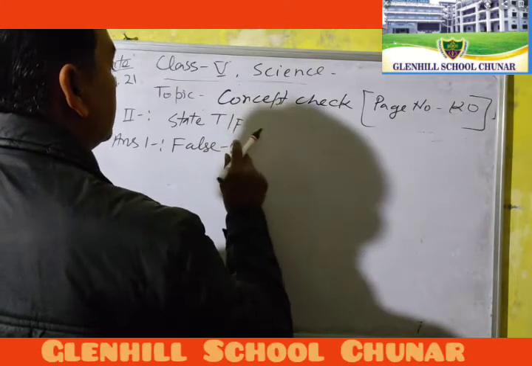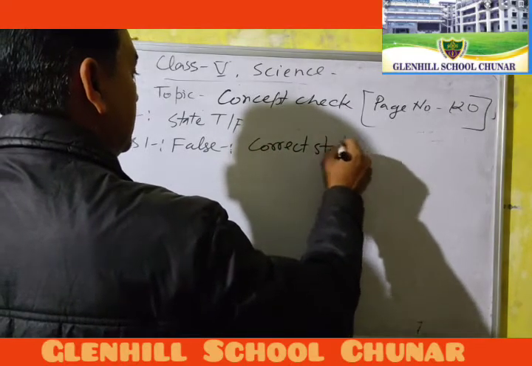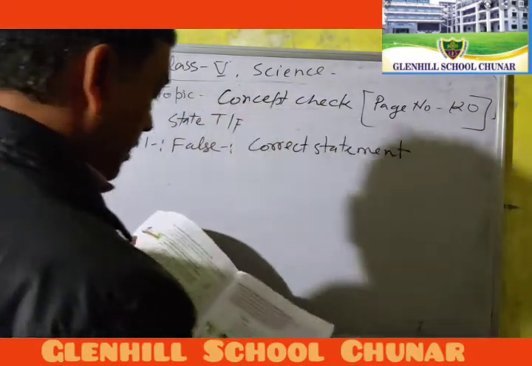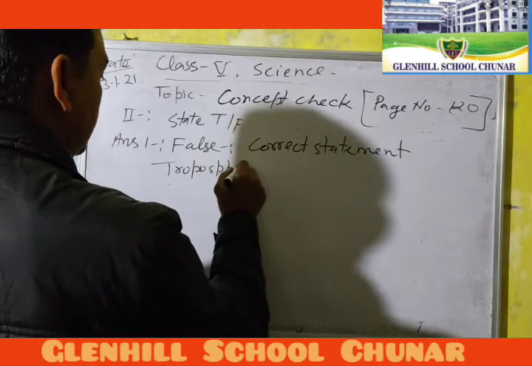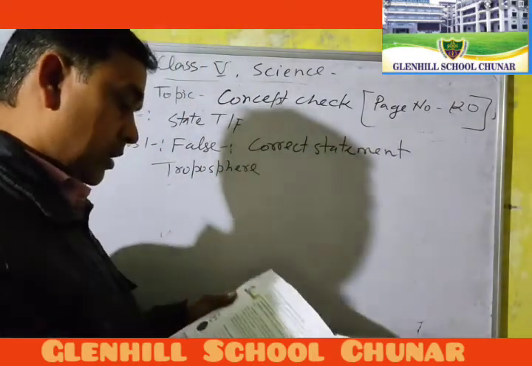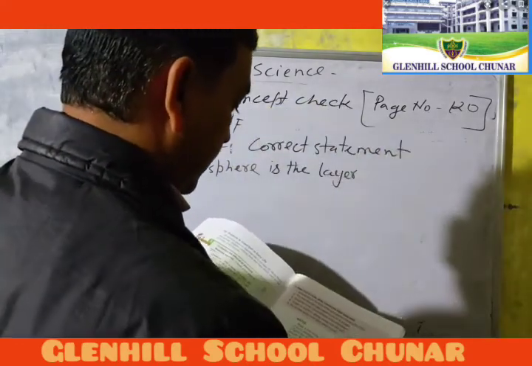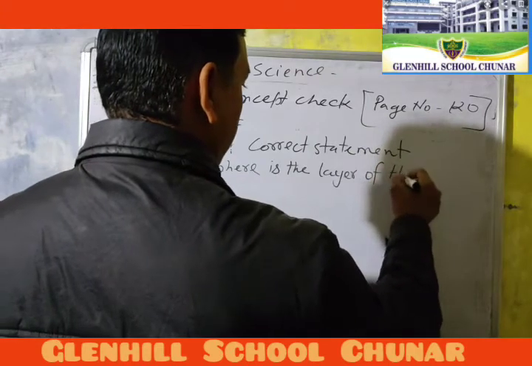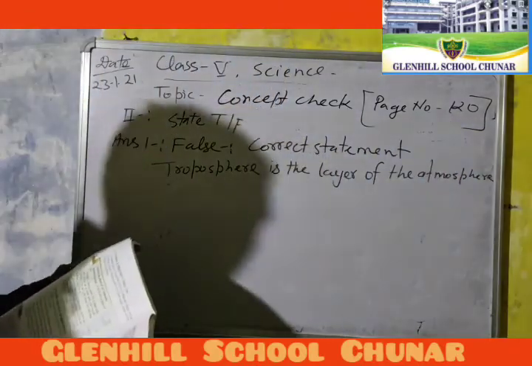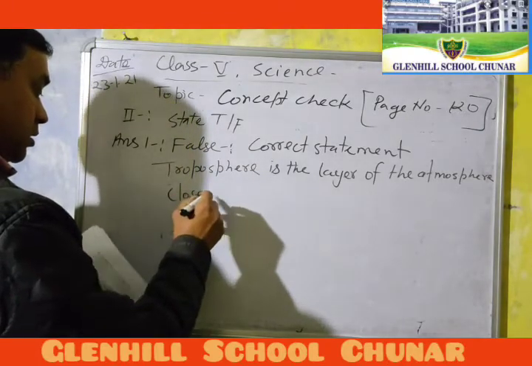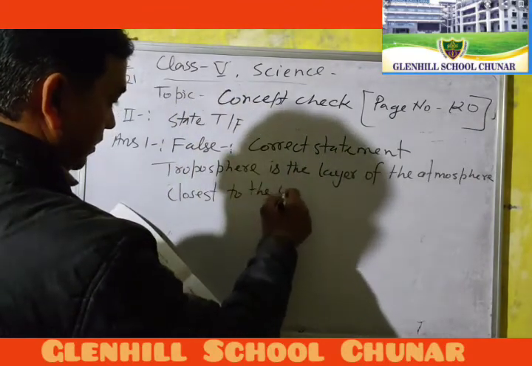Correct statement: change stratosphere, write down troposphere. T-R-O-P-O-S-P-H-E-R-E, troposphere, and complete all the sentences. Troposphere is the layer of the atmosphere closest to the earth. C-L-O-S-E-S-T, closest to the earth.